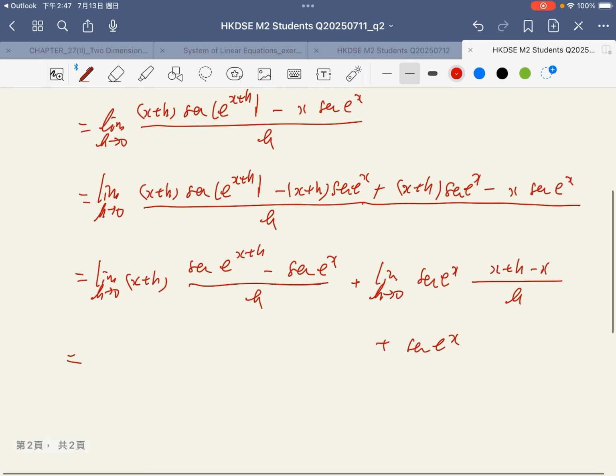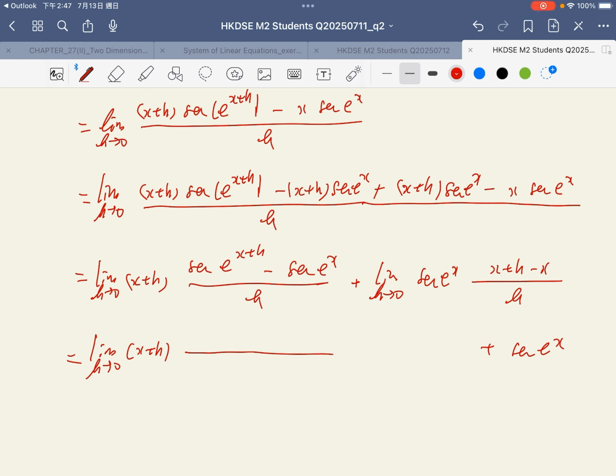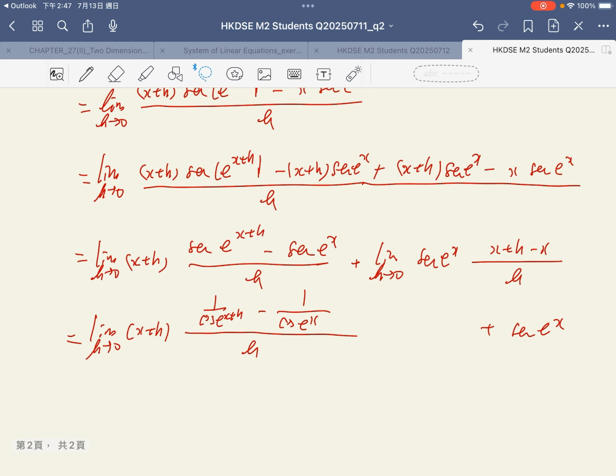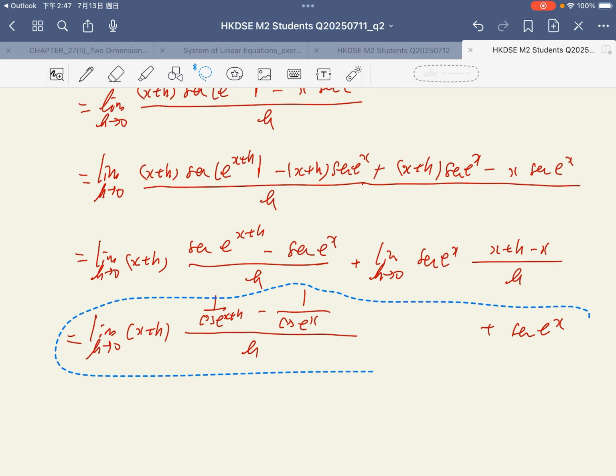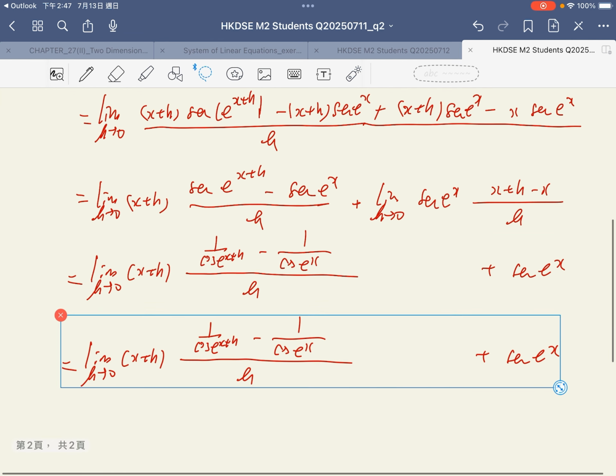And for the first part, we use sum to product. That's 1 over cosine minus 1 over cosine, and factorize. Make a common denominator and also factorize.